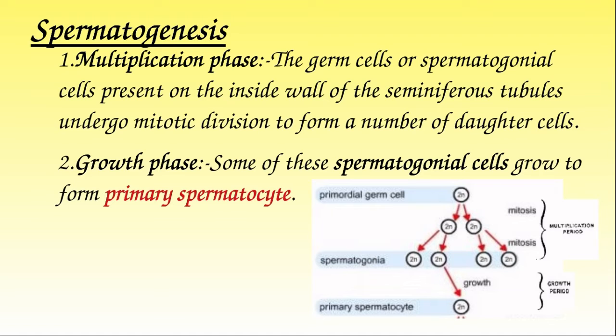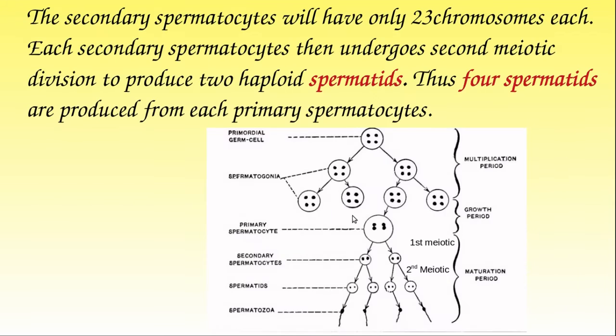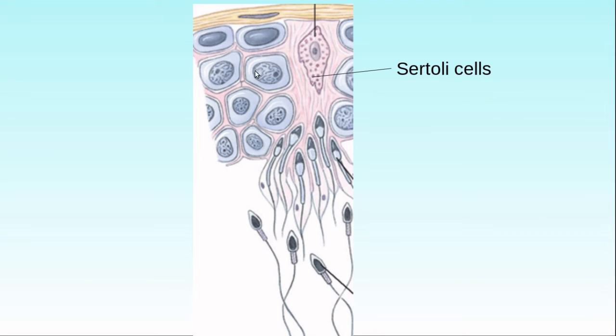Now, the first stage of spermatogenesis is the phase of multiplication. In that stage, there are primordial germ cells. See, these are the primordial germ cells in the seminiferous tubule. This is a seminiferous tubule cross section, and these are the primordial germ cells, or we can say sperm mother cells, or simply germ cells.